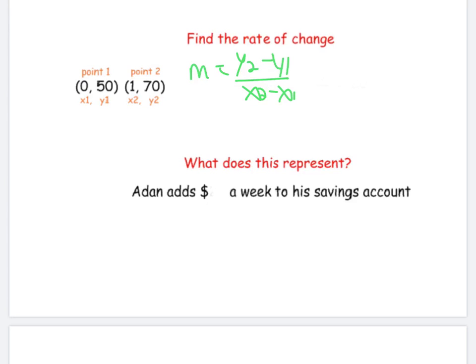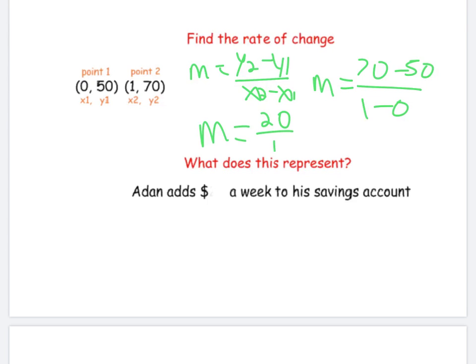I can then go ahead and substitute. So I would have m equal to 70 minus 50 over 1 minus 0, which would give me 70 minus 50 is 20, and 1 minus 0 is 1, which would still equal 20.